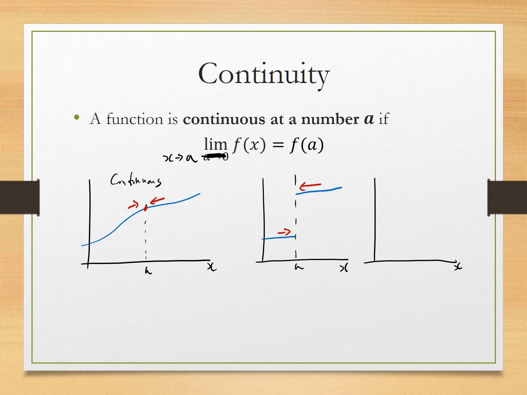But there are cases where the limit does exist, but it's still not continuous, like this case that we have seen before. This is a case that we have talked about before. The limit does exist in this case, but the limit does not equal the actual point. So in this case, the limit exists, but it does not equal f(a).